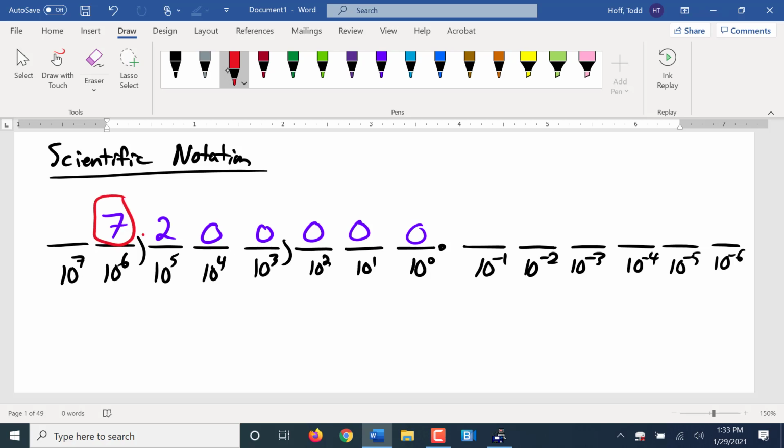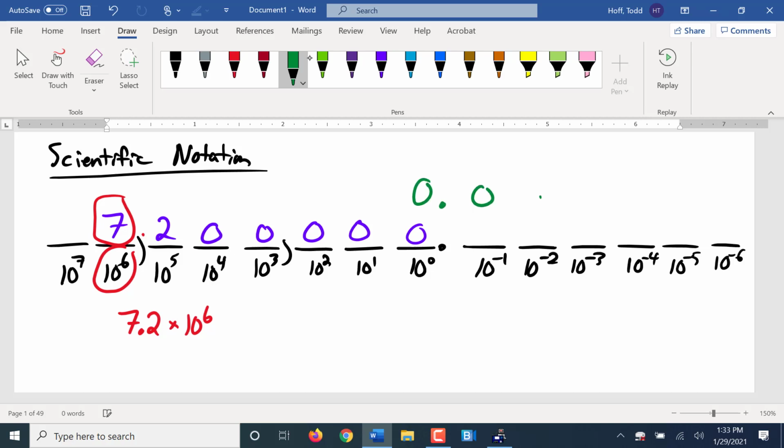And we're going to place the decimal point after it. So it's 7.2. Any of the trailing zeros at the end we can leave off. Then we name the place value of that first non-zero digit. That's in the 10 to the 6th place. So 7.2 times 10 to the 6th is how that becomes scientific notation.